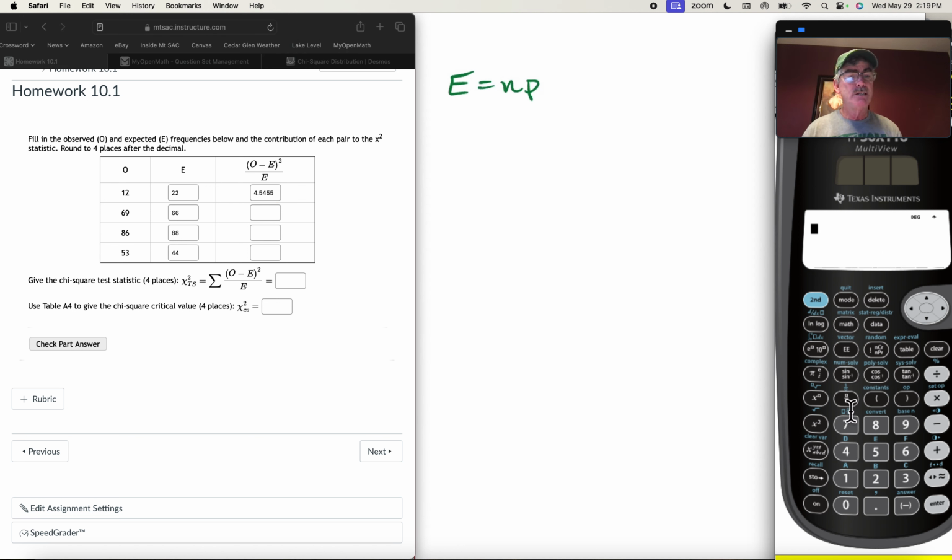The O is 69, the E is 66, so this is going to be pretty small. 69 minus 66, we'll square that and divide by E, which again was the 66, the expected frequency. Put a point in there, and so you get 0.1364.